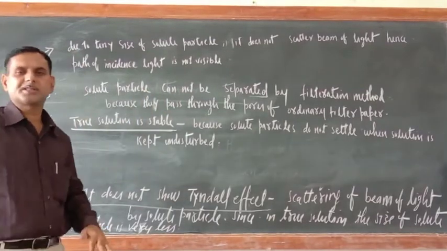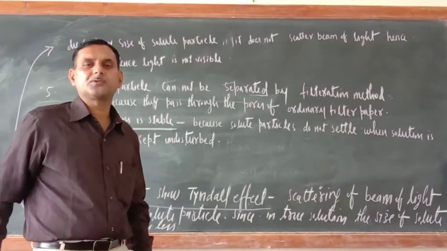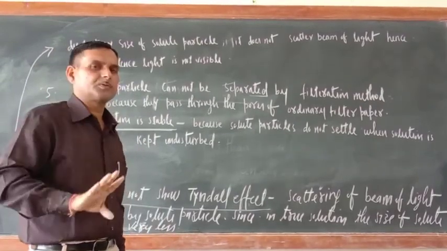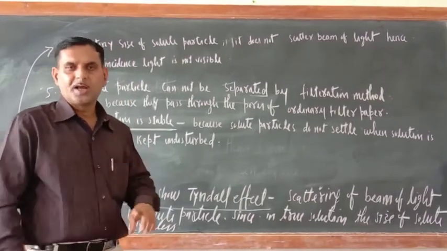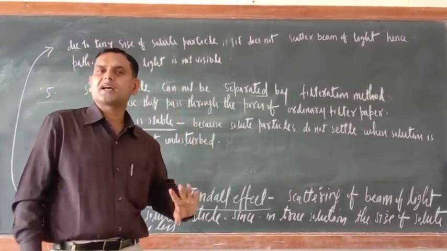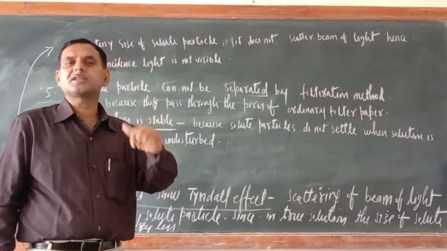Another characteristic is true solution is stable. What is the meaning of stability of solution? Suppose you have prepared the solution and you kept undisturbed for some period of time. If solute particles settle down after some period of time, it means the resulting solution is unstable.